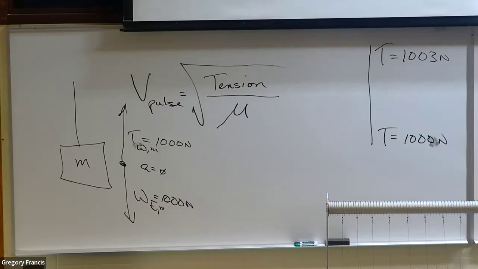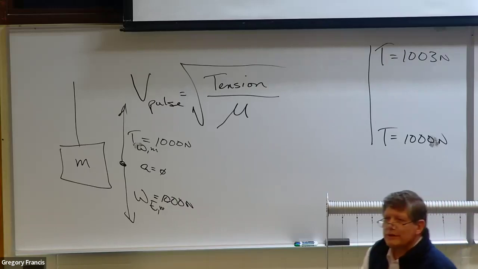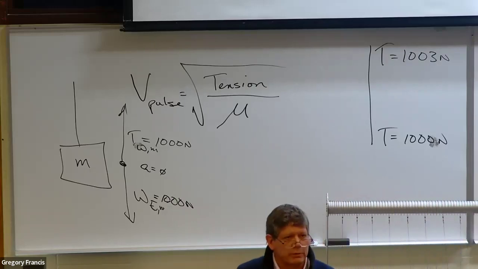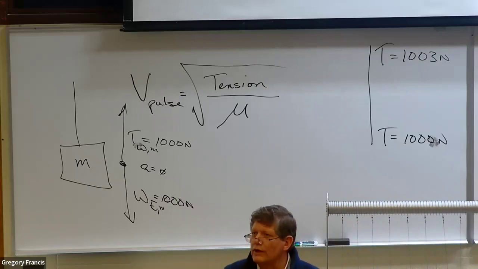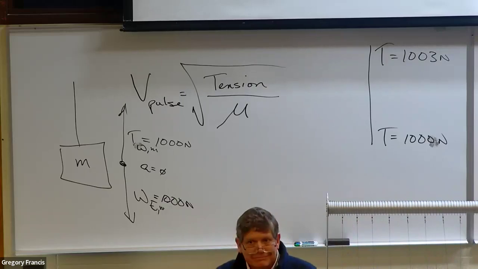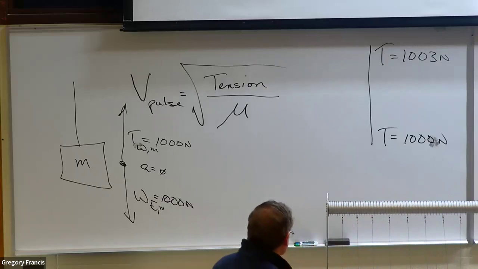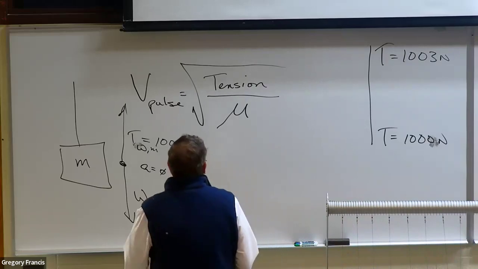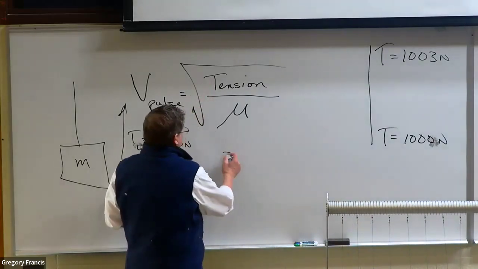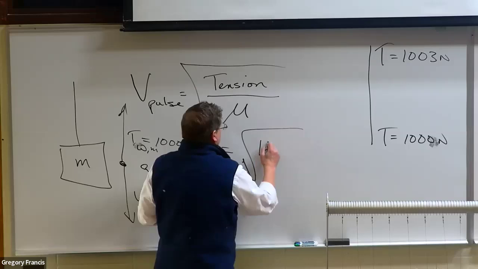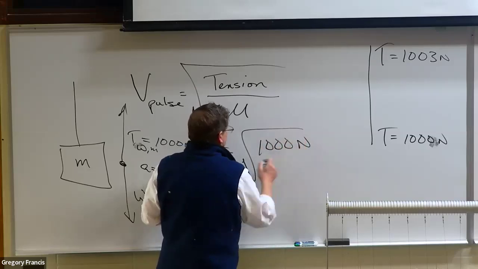The mass of the wire is always going to be small compared to the mass of the block, so we can ignore it when we're looking at the tension. We can't ignore it when we're looking at the mass density, because that's the key point. So for the tension, I'm going to plug in 1,000 newtons.